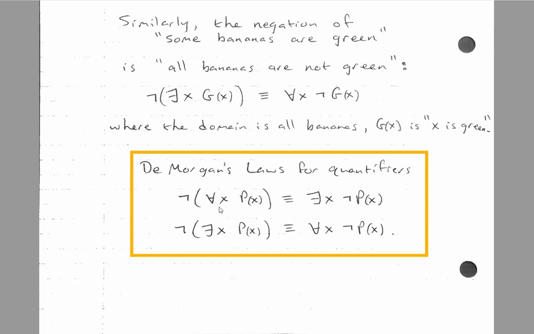So the negation of for all is equivalent to the existence with the negation on the inside, and the same thing for existence turns into a for all. So for simplifying these negations, we want to make sure that the negations are not to the left of the quantifiers.